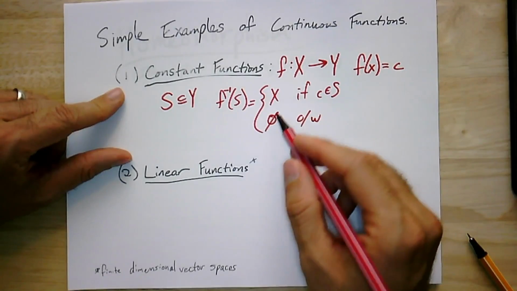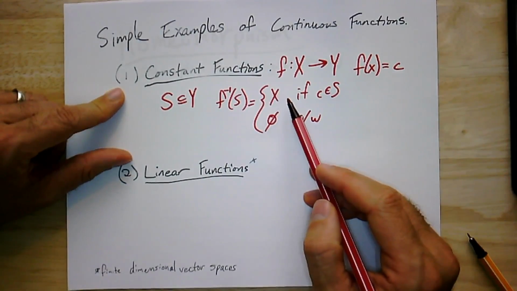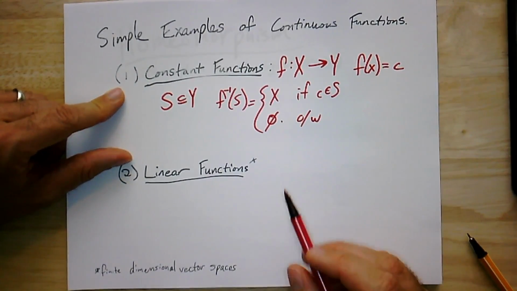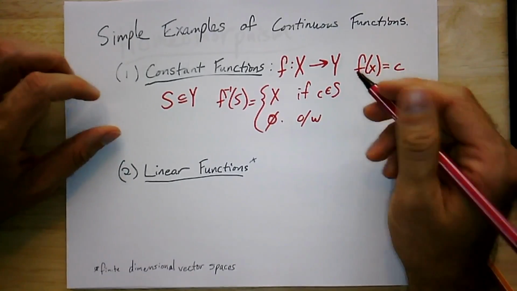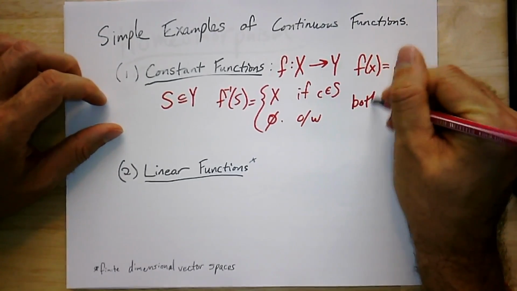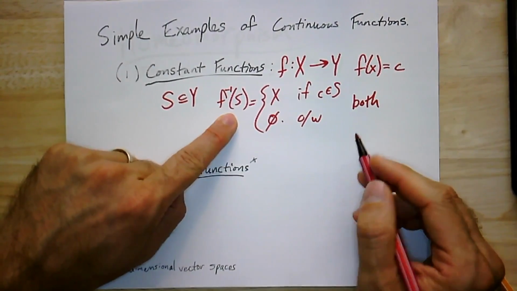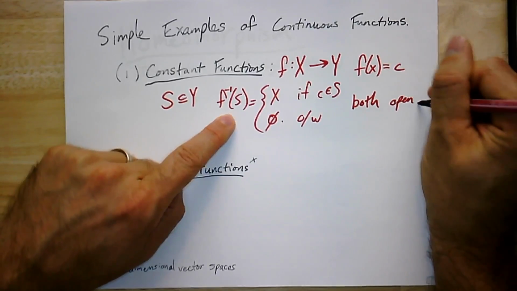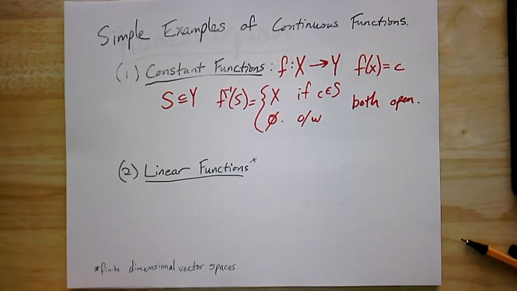And these are both open. The definition of a topological space required us to put the whole space and the empty set as open sets in there. So we saw that the pre-image of an open set is open. So that's for constant functions, perhaps the most trivial kind of function you can write.